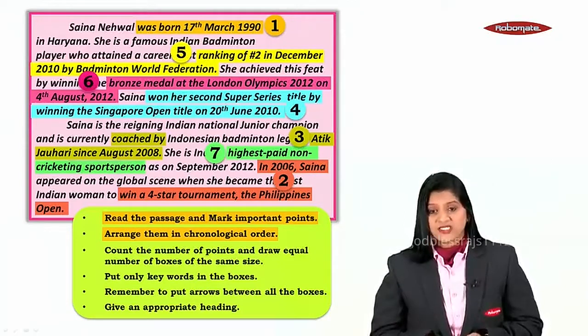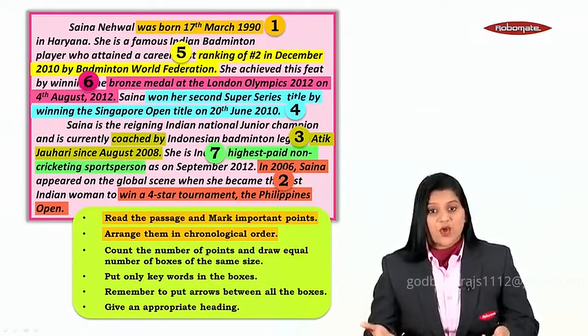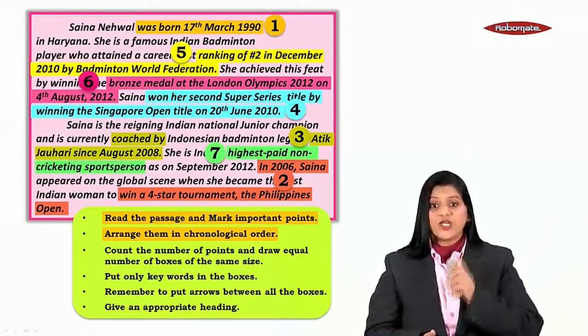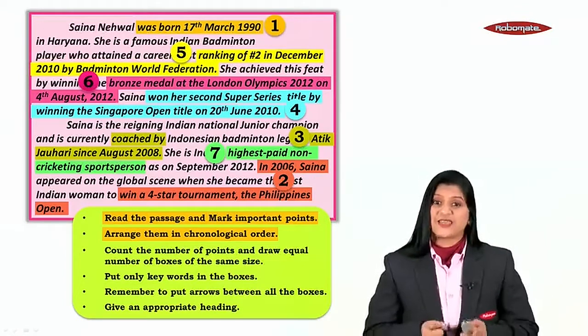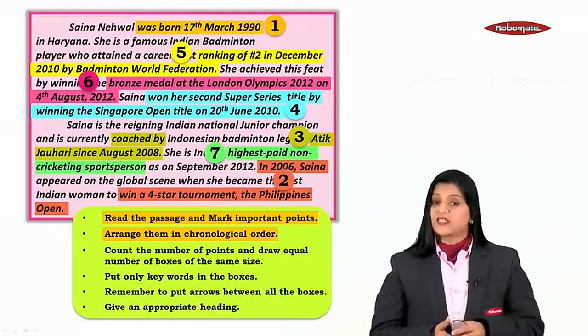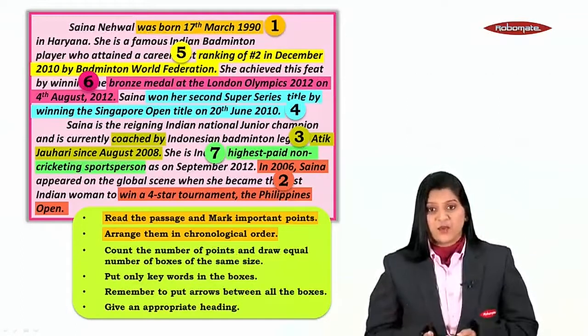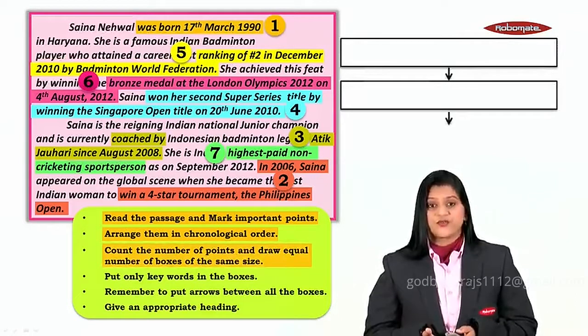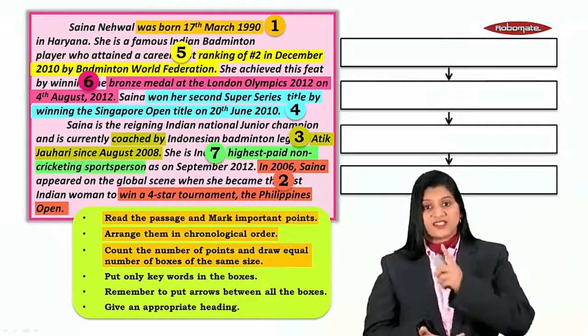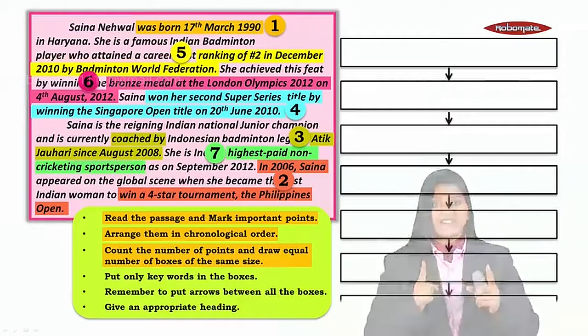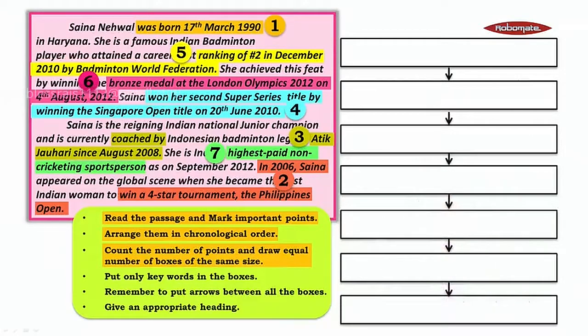The next point is, count the number of points and draw an equal number of boxes of the same size. Over here we can clearly see there are 7 points altogether. So you are going to first count points. If there are 7 points, you will draw 7 boxes in all. Now the next point is, put only keywords in the boxes.